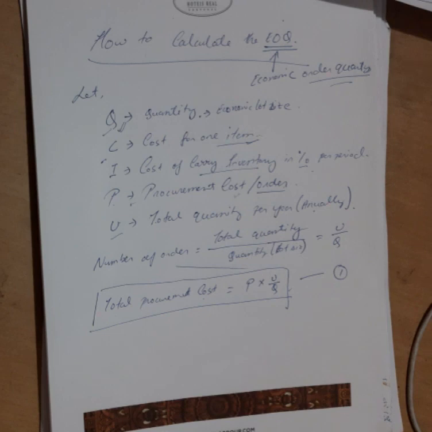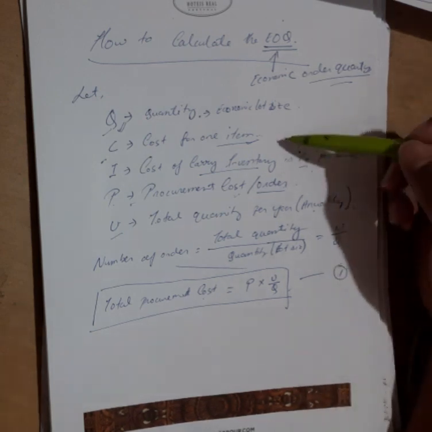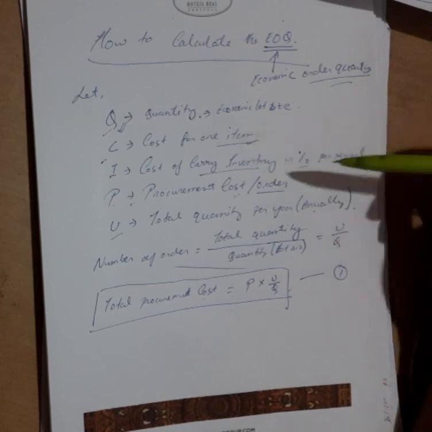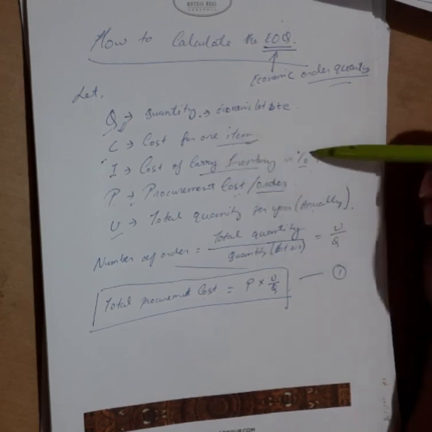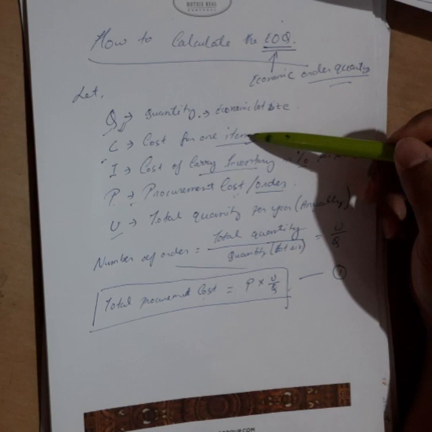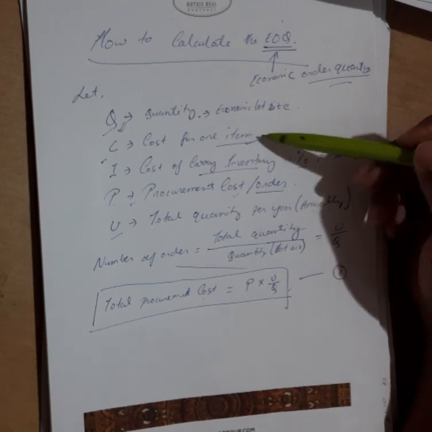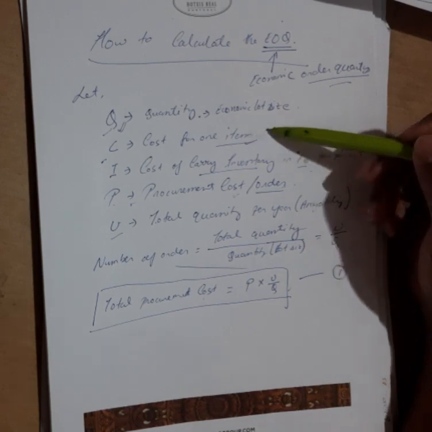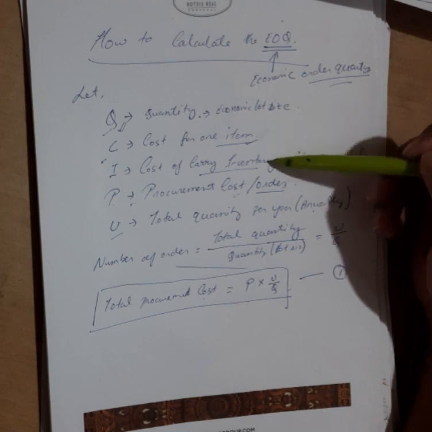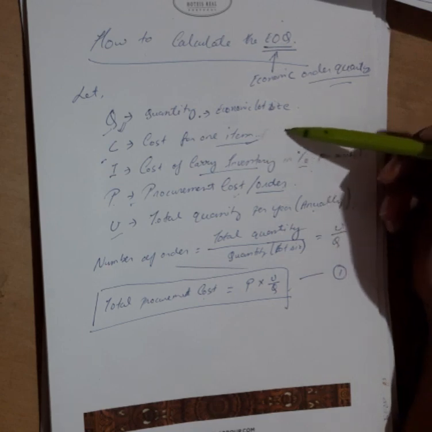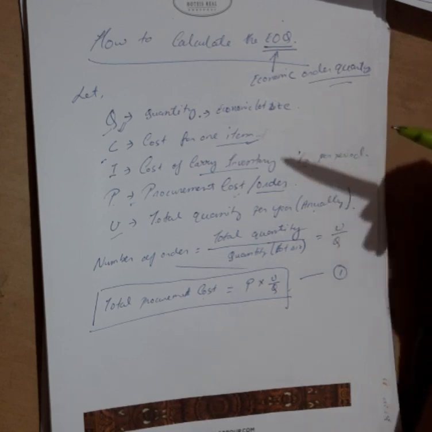Now we have to find another cost, that is the total inventory carrying cost. Okay. So here, what is the inventory carrying cost? I is the inventory carrying cost in percentage of this item. So we know what is C, the cost per item, but we don't know how many items, isn't it? So we have to multiply with the number of items, then only we will get the total inventory carrying cost.